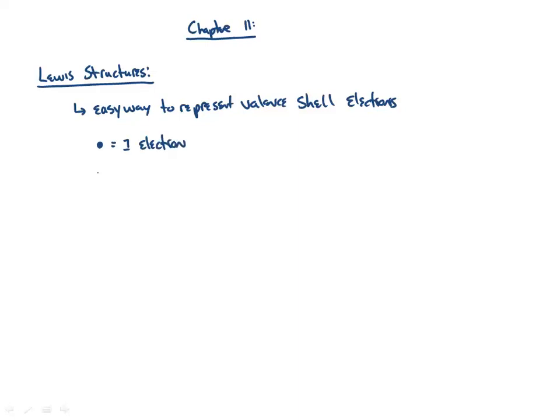We haven't talked about it yet, but a dashed line is going to represent 2 electrons in a shared bond. That's really the basics of Lewis structures. And we see that it follows the normal rules, meaning that all molecules will obey the octet rule.